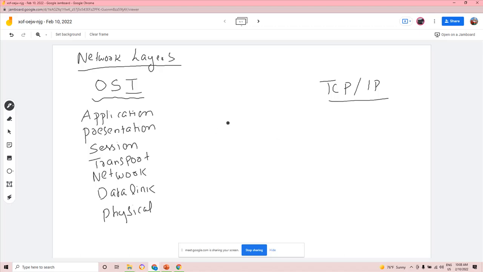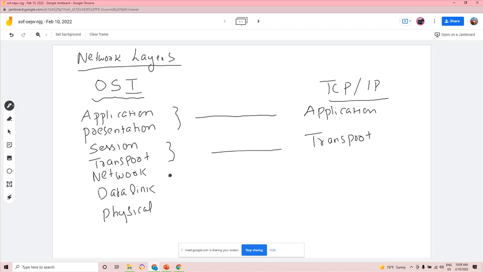So here in TCP/IP, they are merged into application, and these two are clubbed into transport.